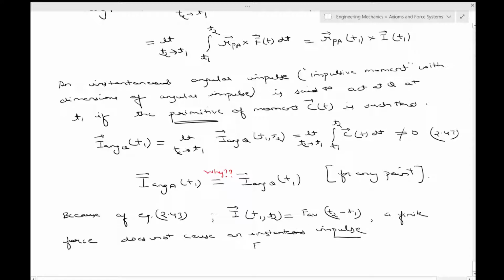If F average is finite, and t2 tends to t1, this would imply that I of t1 will be equal to 0. So this is clearly not an instantaneous impulse because it should not be equal to 0. So that's why we say that if you have a finite force, it cannot cause an instantaneous impulse.